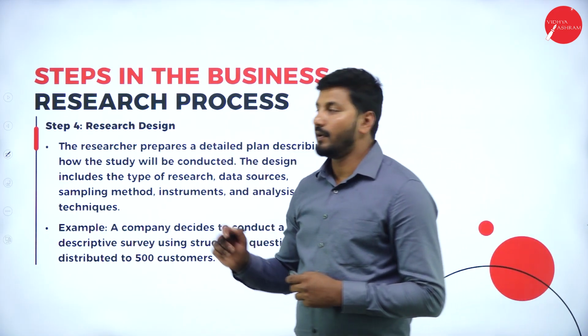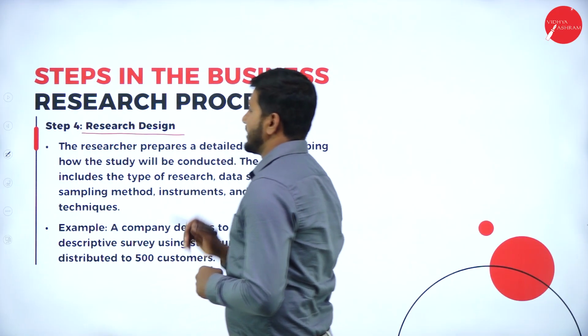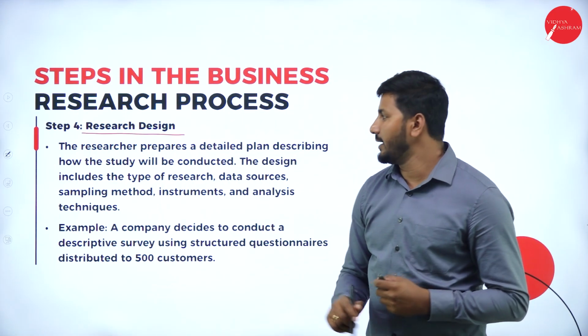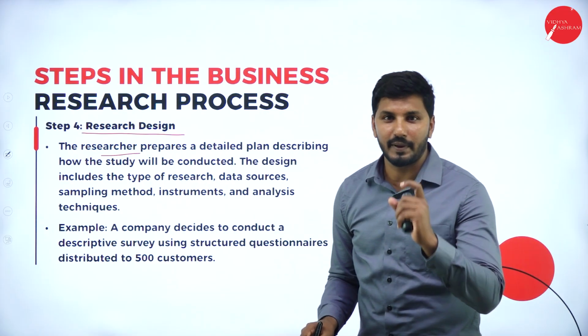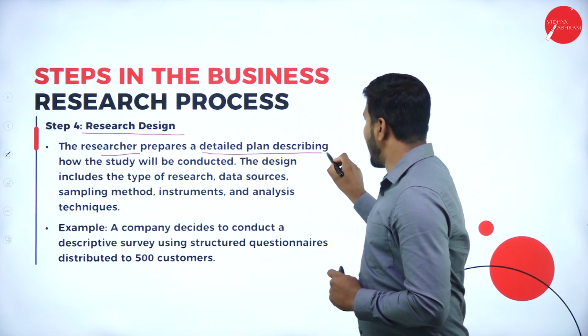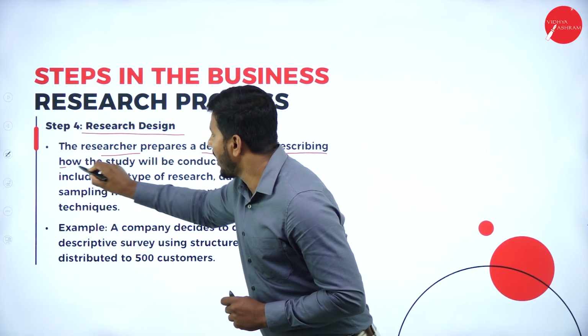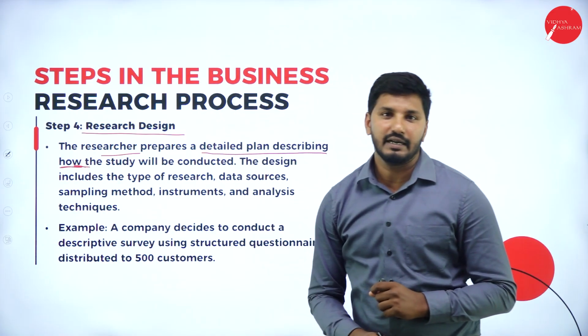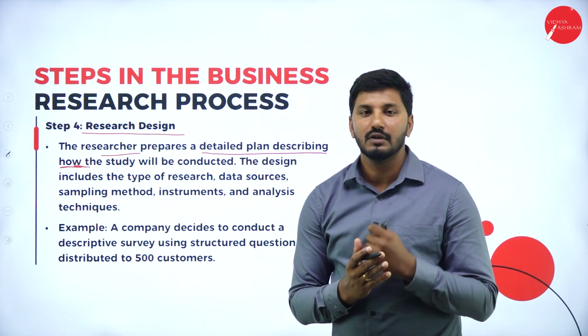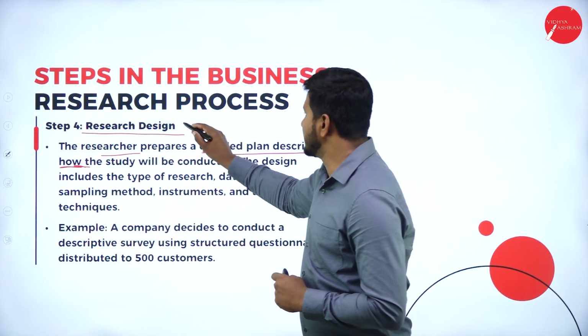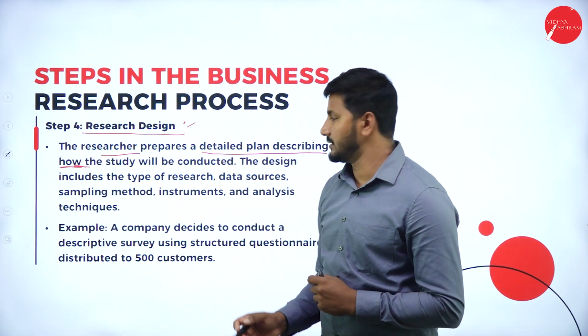The next step is research design. In this fourth step, we'll get to know that the researcher has to prepare the detailed plan describing how the study will be conducted. So what are all the strategic tools we have to plan in this design, we'll get to know from the research design.